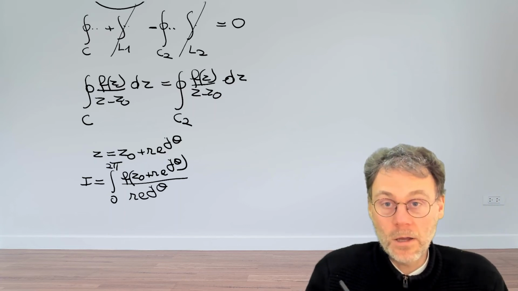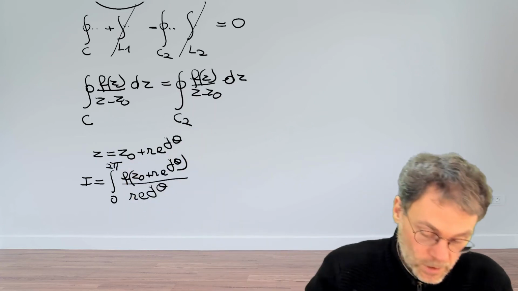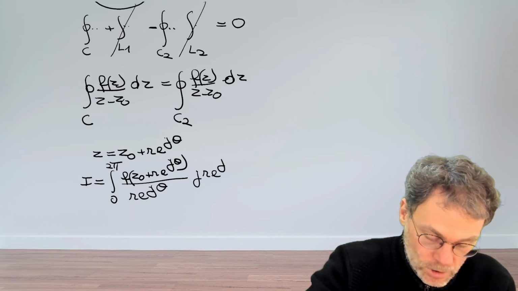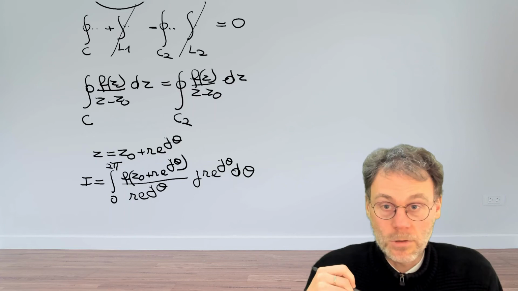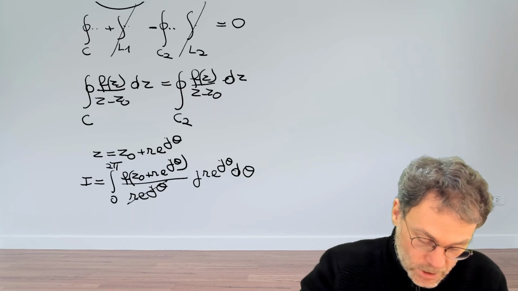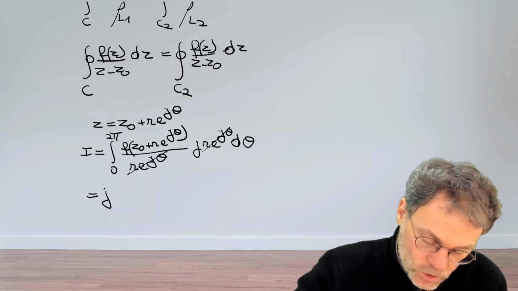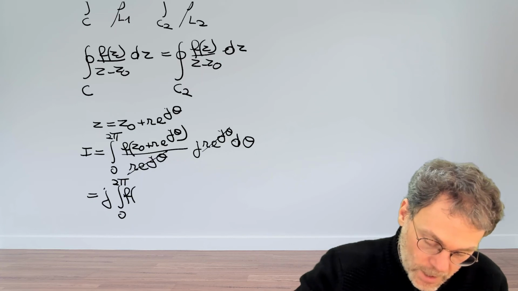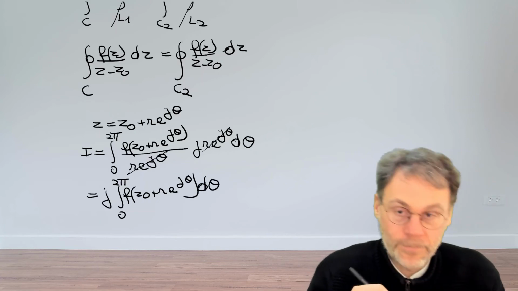And then finally our dz becomes, if we take the derivative with respect to theta, j r exponential j theta d theta. And that's good news because this simplifies considerably. These things cancel. And finally, we just have j times the integral from 0 to 2 pi of f of z0 plus r exponential j theta d theta.